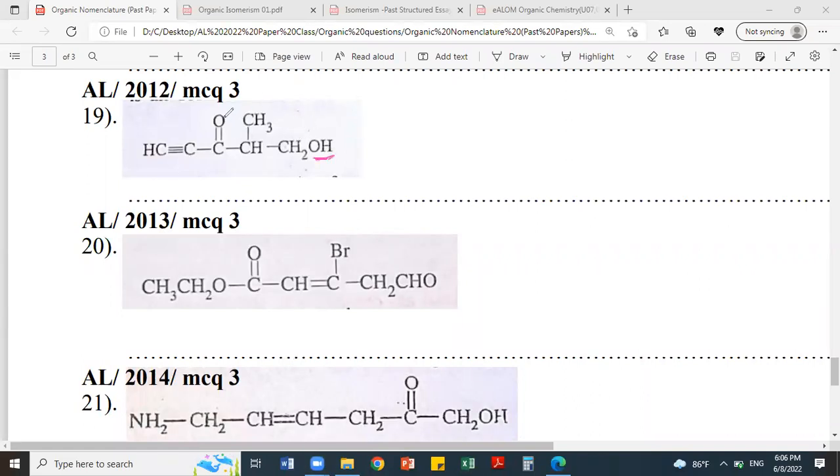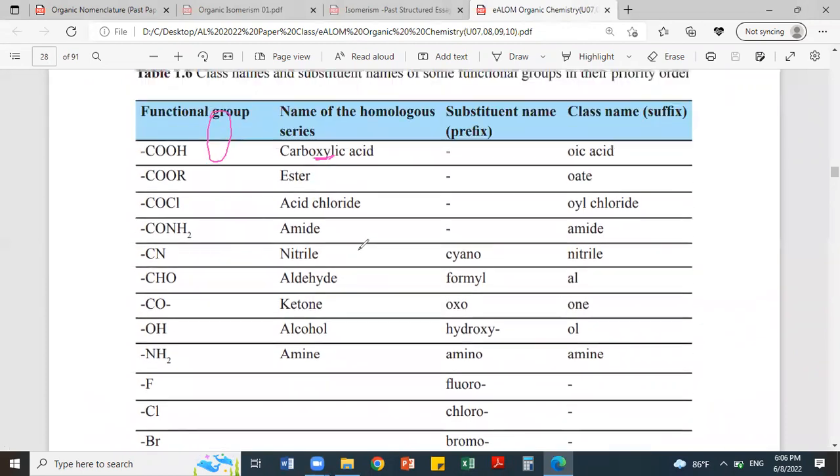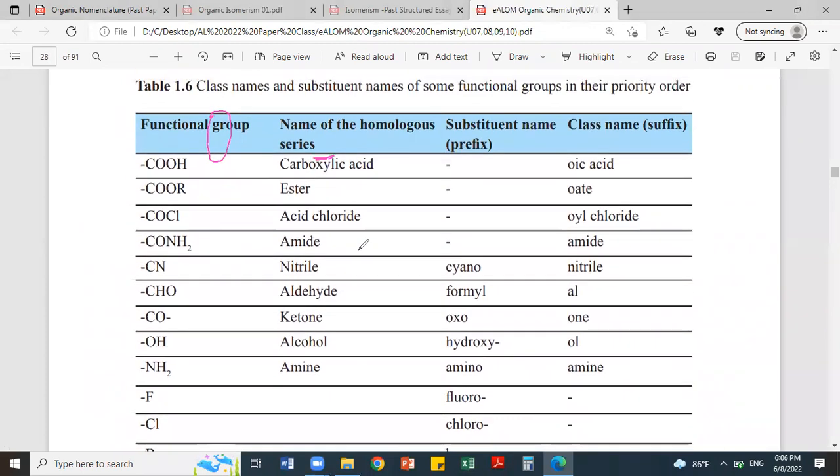So OH group is there, CO group is there. So check in the, I think Chenumu, I have given this. You can refer to the resource book. This priority order list I have given in 7.5, the IUPAC nomenclature of organic compounds 7.5 tutorial. The last page I have given this.